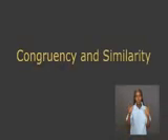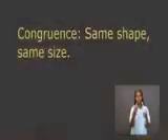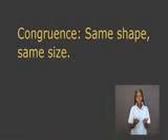In this lesson, we are going to start our study of another aspect of geometry and measurement: congruency and similarity. Let us start this lesson by defining those two words. In the field of geometry and measurement, two figures are congruent if they have the same shape and same size.